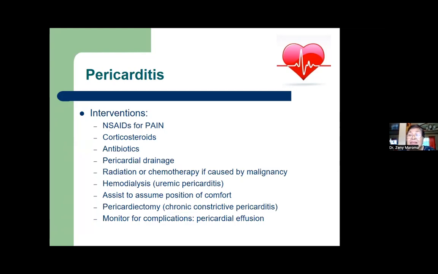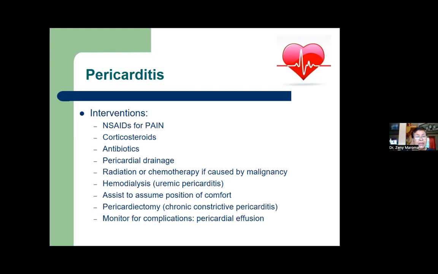If the cause is microorganisms, so it could be antibacterial, antiviral, antifungal. By the way, if the patient had a pulmonary infection caused by tubercle bacilli, TB of the lungs, the patient can also have spread of infection to the heart. So the antibiotic we give to that patient is an anti-TB regimen.